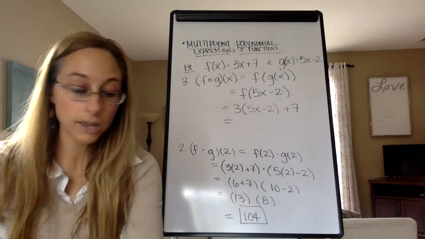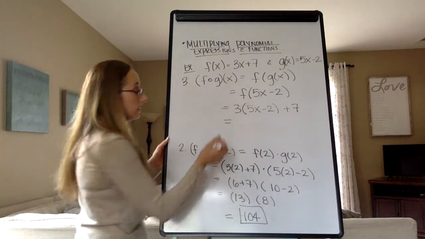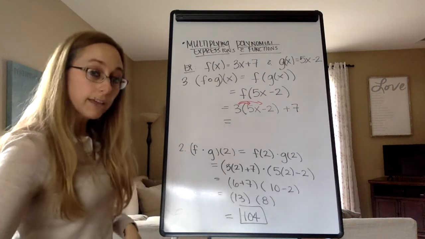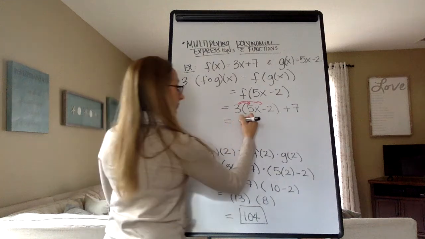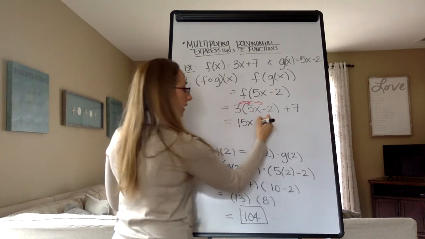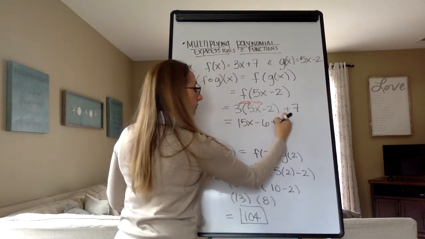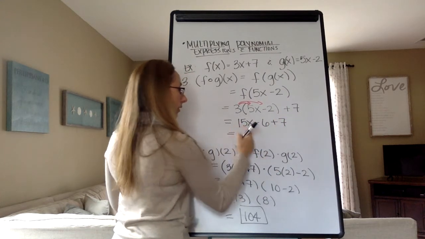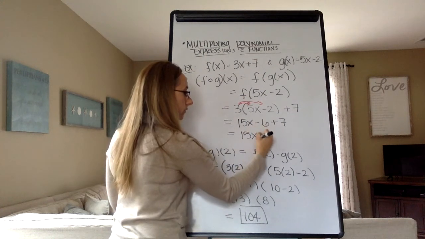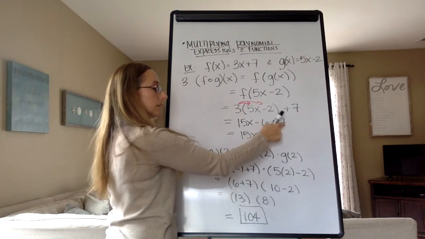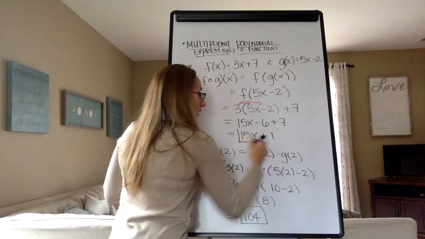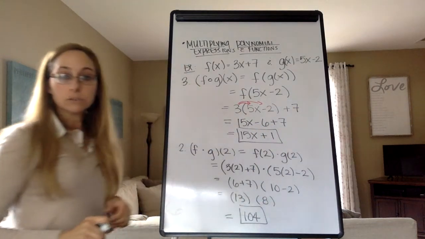Now we're going to take that 3, distribute it, and combine like terms. 3 times 5x is 15x. 3 times negative 2 is negative 6, plus 7. 15x is the only term with x in it, so we can't combine it with anything. So 15x minus 6 plus 7, and 7 minus 6 is 1. So you get 15x plus 1.